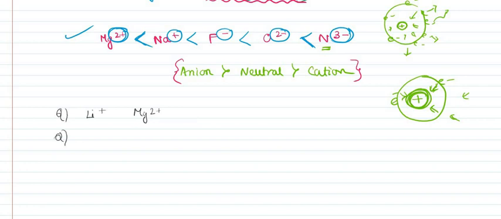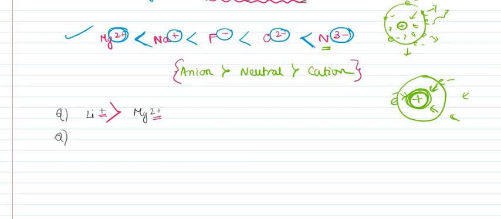We just have to memorize. Li+ actually has more ionic radius than Mg2+ because of the positive charge. Li has a smaller positive charge, and Mg2+ has a greater positive charge, that's why Li+ has greater ionic radius than Mg2+.